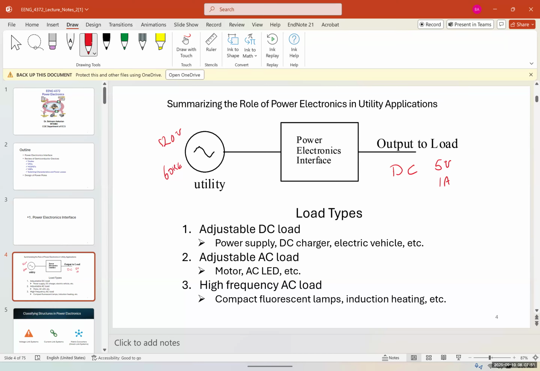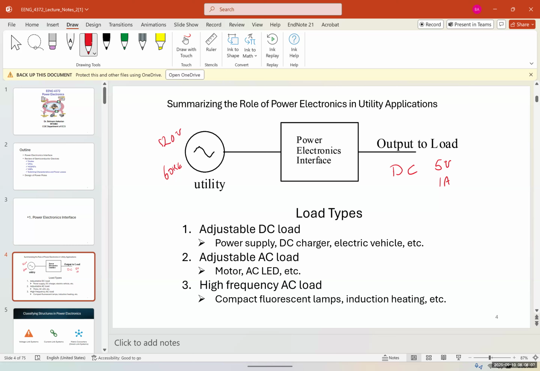Or it's the same voltage but a different frequency because you want to control the speed of an AC synchronous motor. So different types of loads.